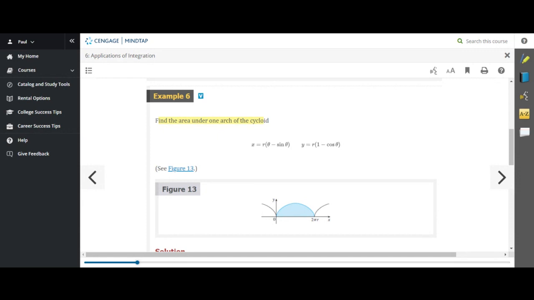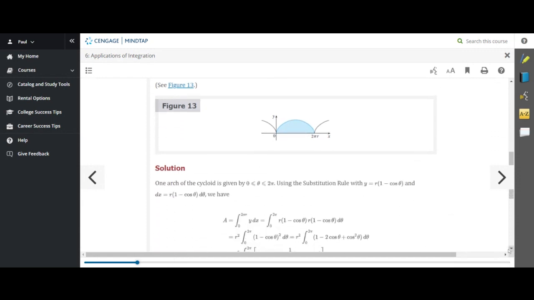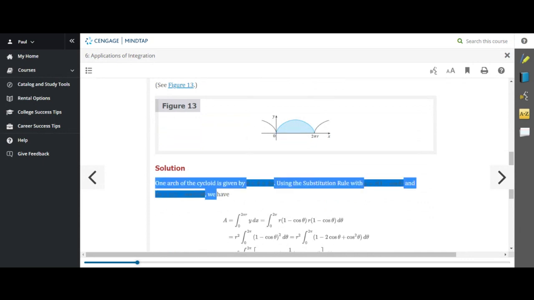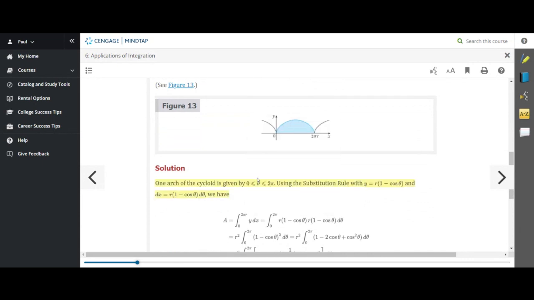So what you do here is you make a substitution. You're going to have a bottom function minus the top function. The top function is y equals r times 1 minus cosine theta. That's going to trace out, in figure 13, that blue area there.